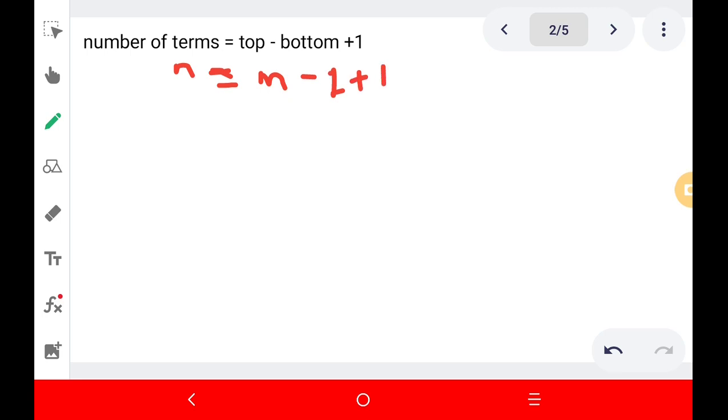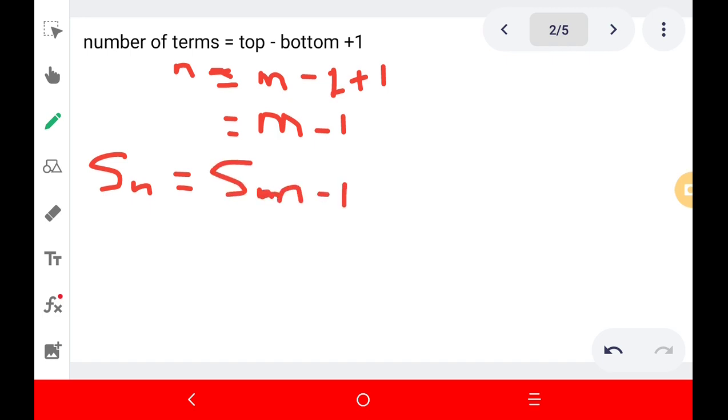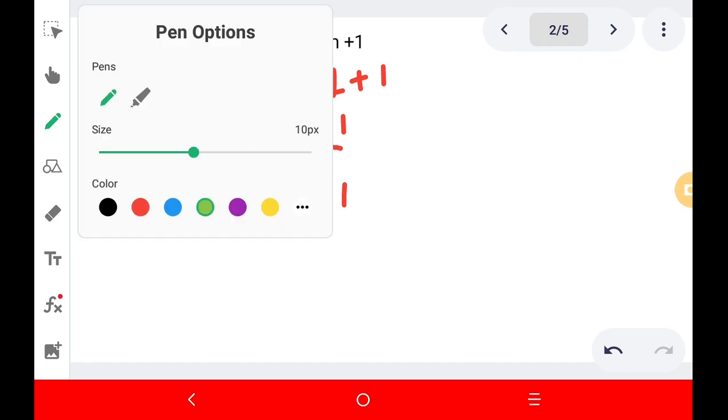Now m minus 2 plus 1 gives m minus 1, so instead of n, we can write m minus 1. So instead of Sn, we can say S of m minus 1.